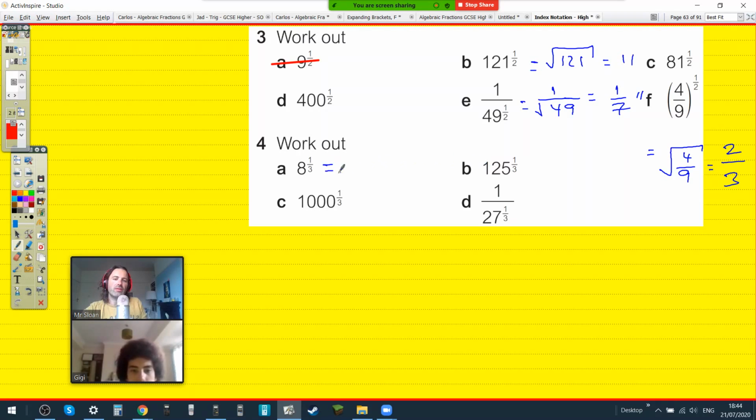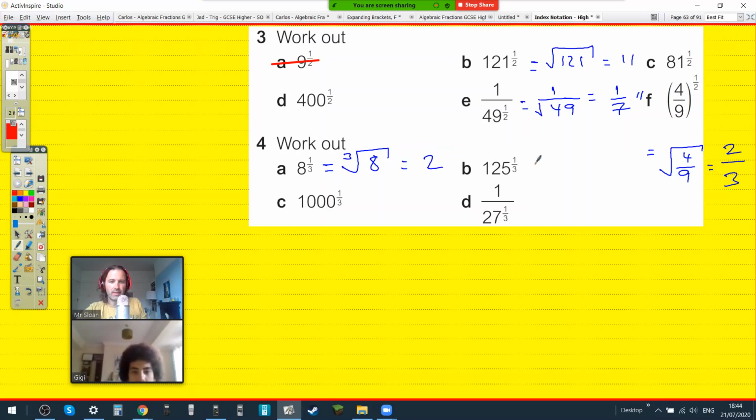How about this one? It's equal to cube root of 8, which is equal to 8. What cubed equals 8? Oh, 2.